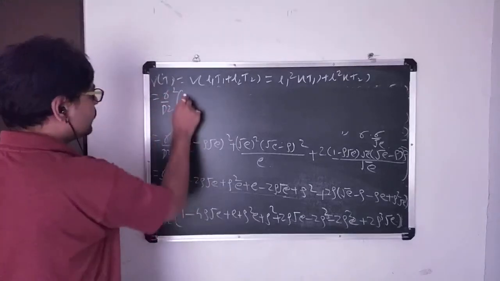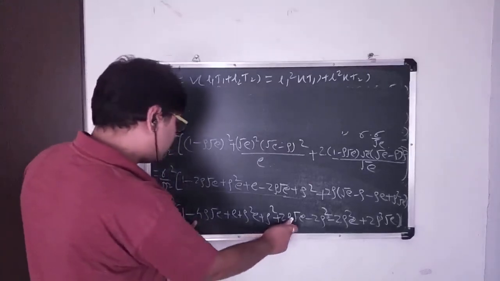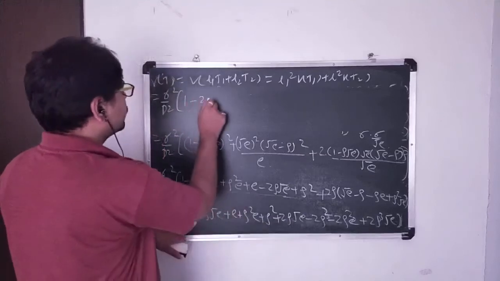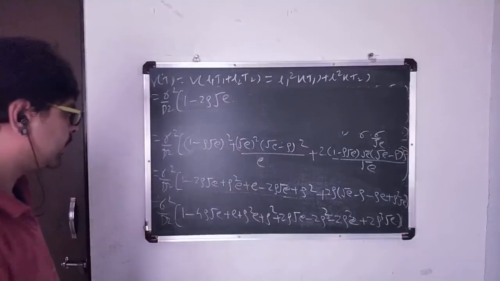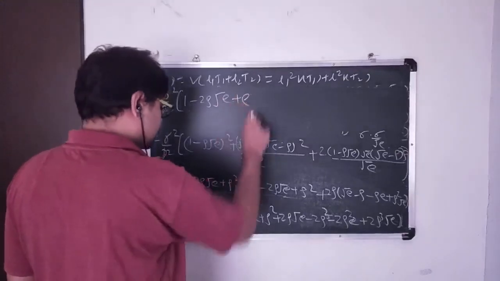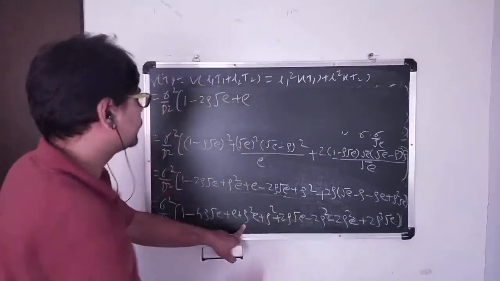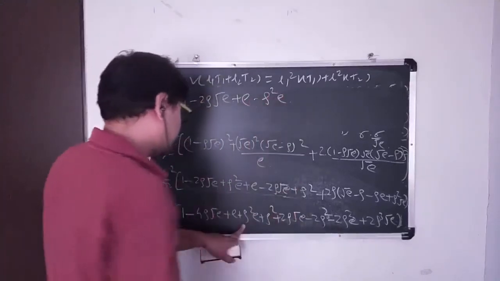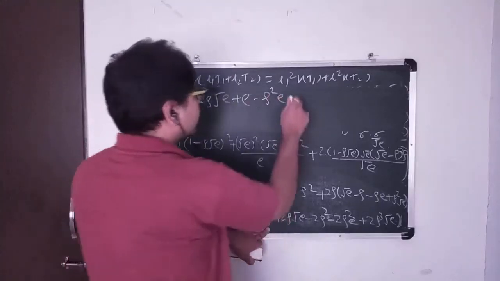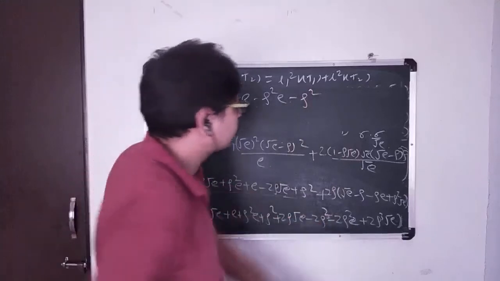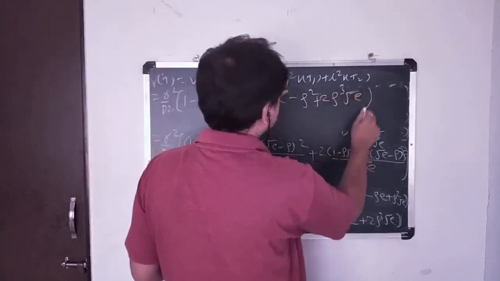So 1 remains, minus 4 root E plus 2 rho root E, so it gets minus 2 rho root E, plus E, this rho square E minus 2 rho square E is minus rho square E, plus rho square minus 2 rho square minus rho square plus 2 rho cube into root E.